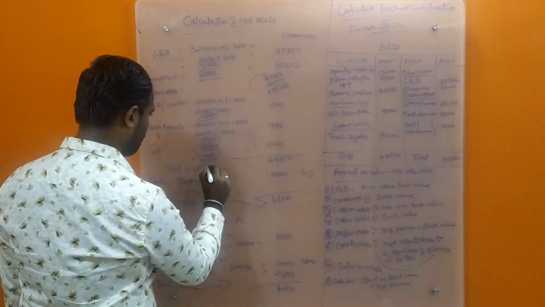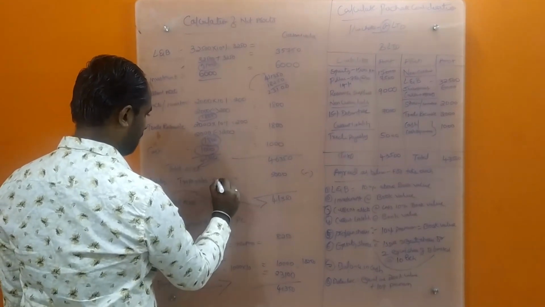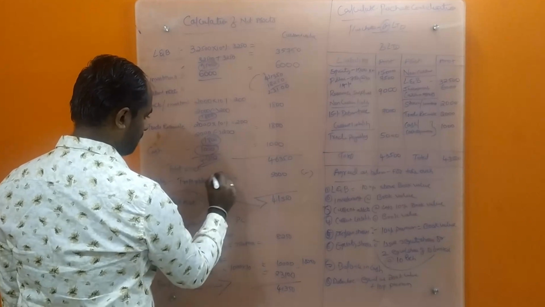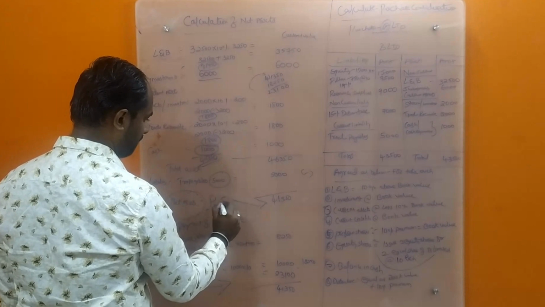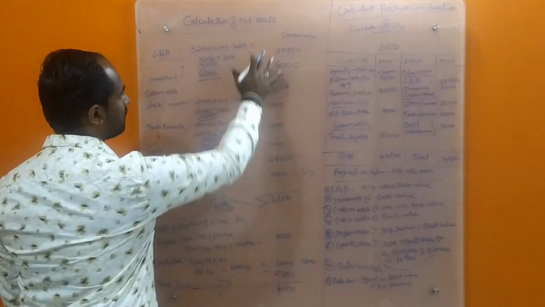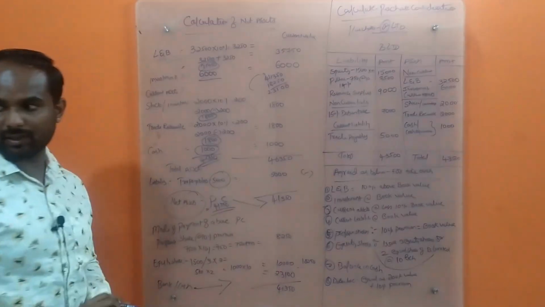So the total asset is 46,350, and 5,000 is the total trade payable. Your PC is 41,350. So I'll use this question for posting the journal entry, okay?